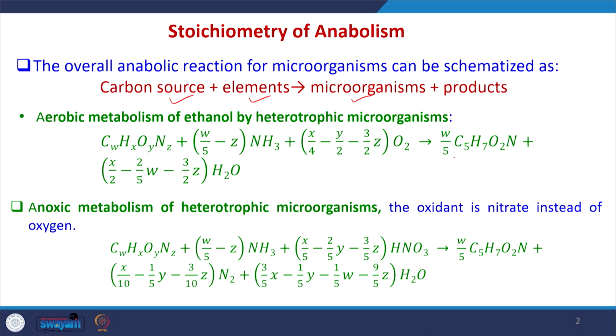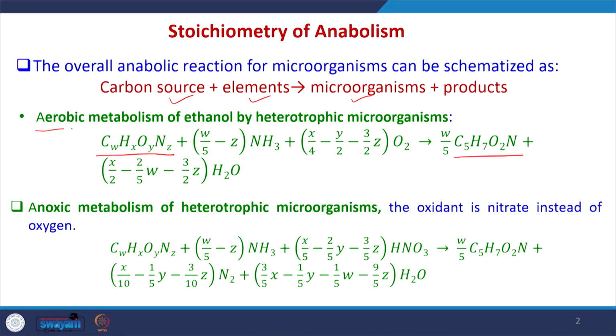For the microorganism we are using a general formula, and for the carbon source we are using a generic formula, CWHXOYNZ, and then we started understanding the metabolic reactions of heterotrophic microorganisms under various conditions.